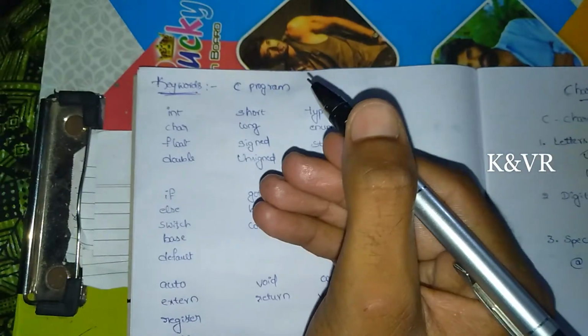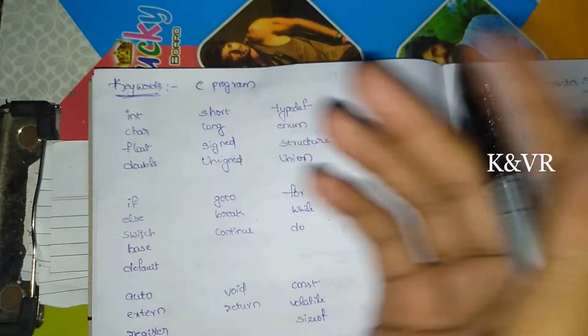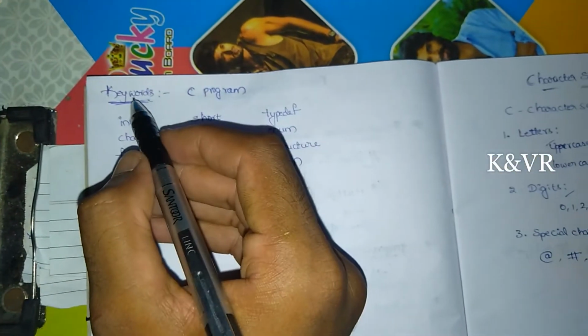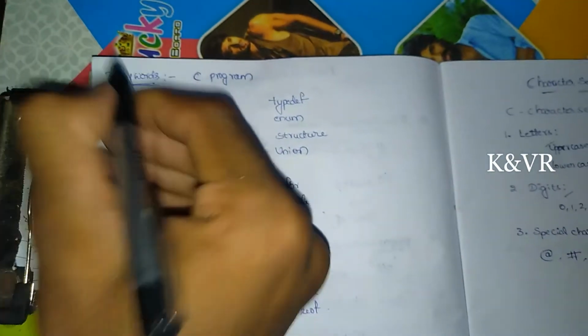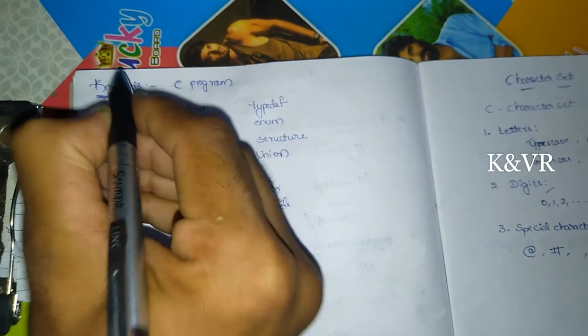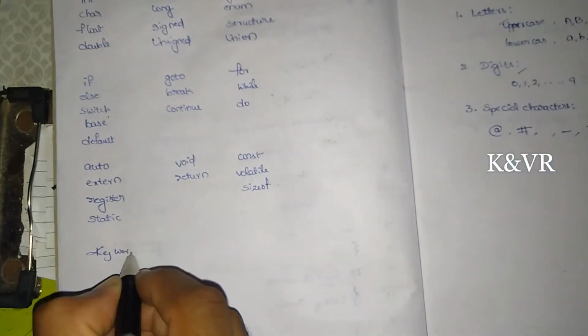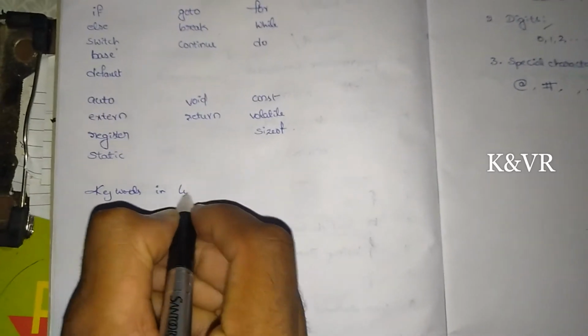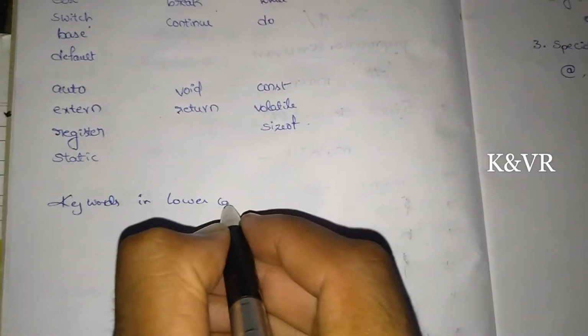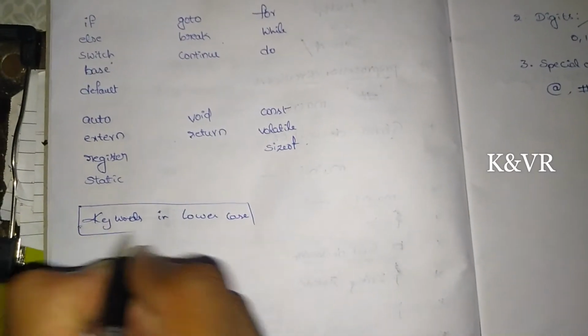But an identifier is something we define ourselves. We should note one thing: all keywords are in lowercase. You should keep a note of that.